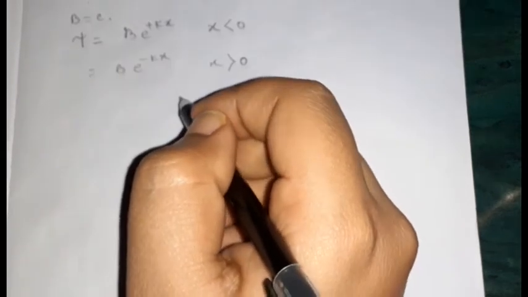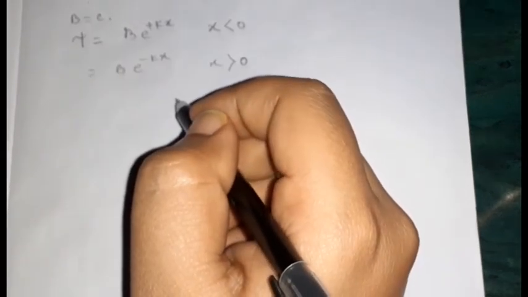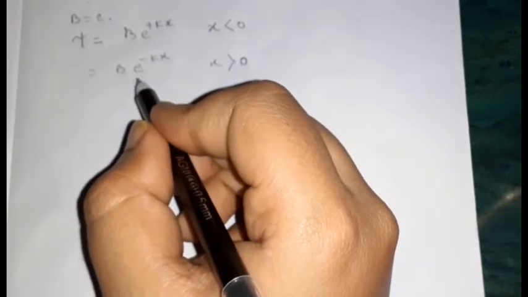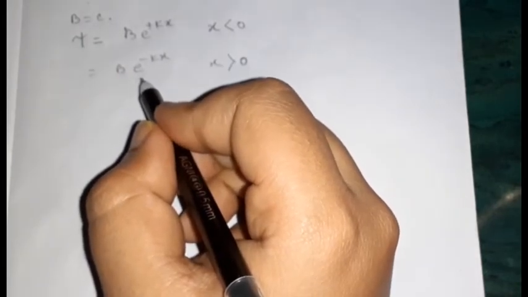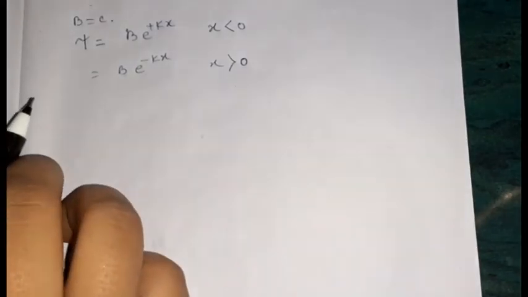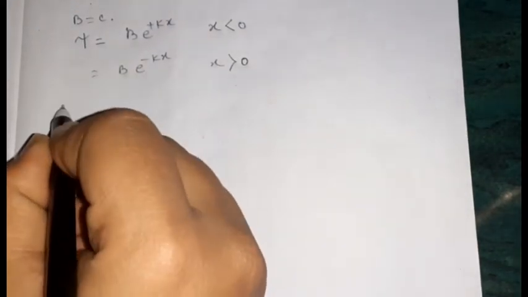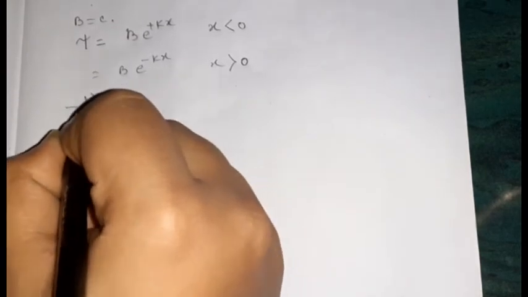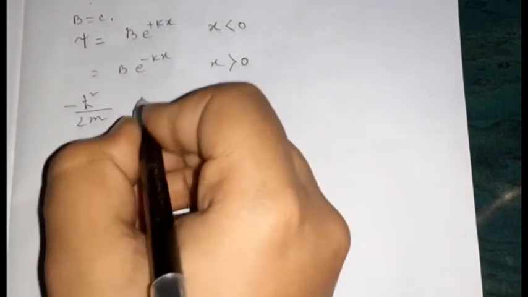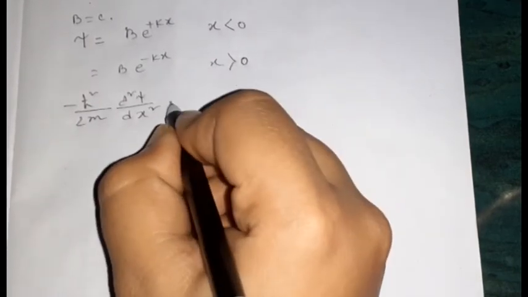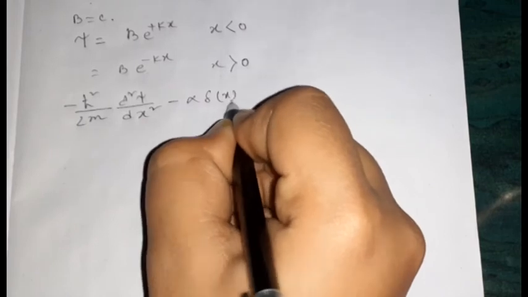And now we are going to use the second property, which tells us that d psi dx is continuous except at that point where the potential is infinite. To use this particular theorem, let's do something else. Now I am writing the Schrodinger equation, which is like this.